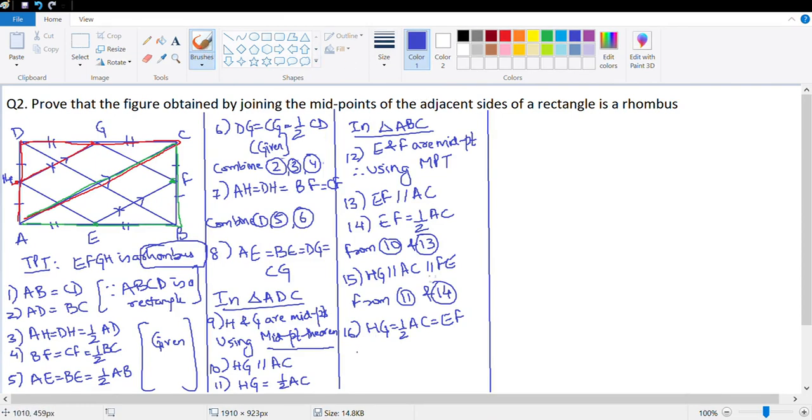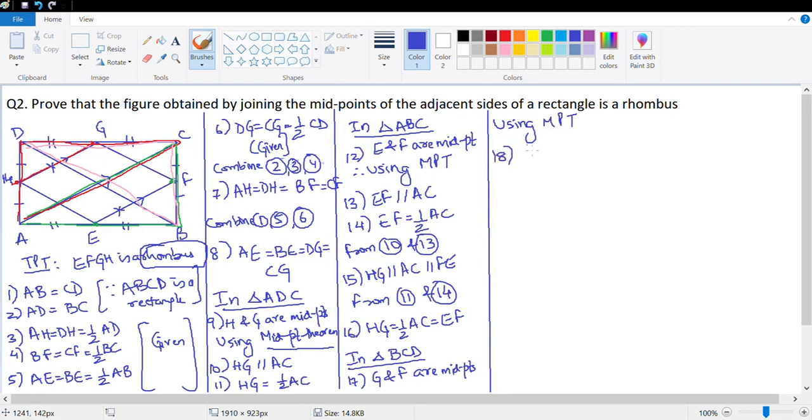So let's look at the next triangle, which would be triangle BCD. In triangle BCD, number 17 would be: G and F are midpoints. So using the midpoint theorem, let's see what I get.